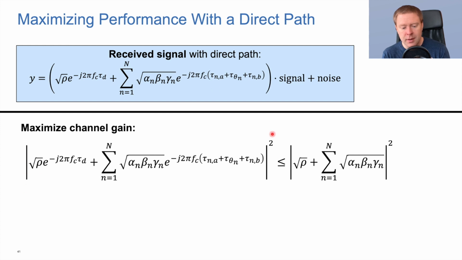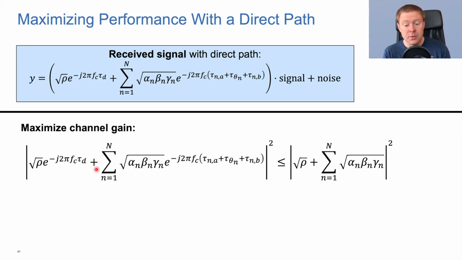So we take the absolute value square here, and the maximum is once again obtained when we have the same phase everywhere. So if we can take away all of this e to the power of j something, we will just get the summation over the amplitude losses, like this. And when can that happen? Well, we can tune tau theta n, but we cannot tune tau d from the direct path.